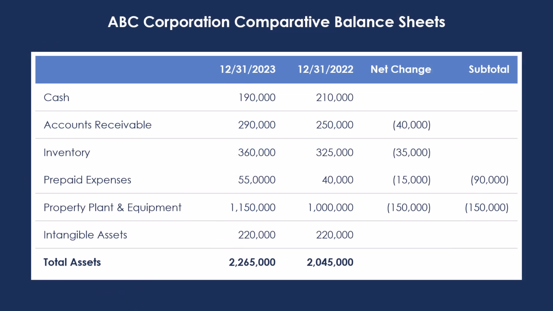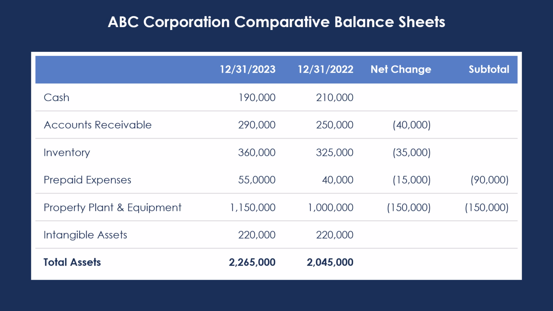Here we have comparative balances and the net change from 2022 and the latest year, 2023. Cash balance has gone down from $210,000 to $190,000, a decrease of $20,000 year over year. Now let us look at the changes in current assets.